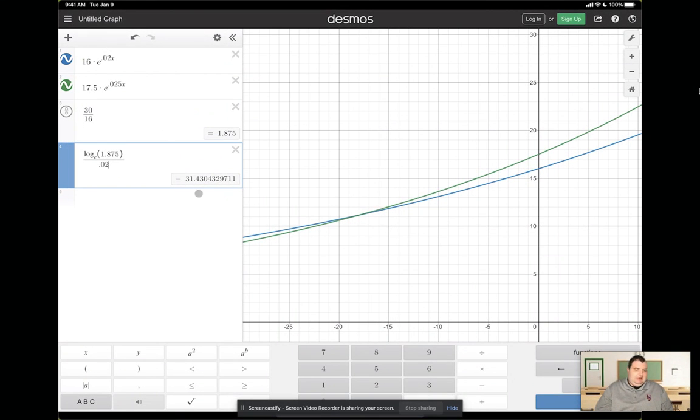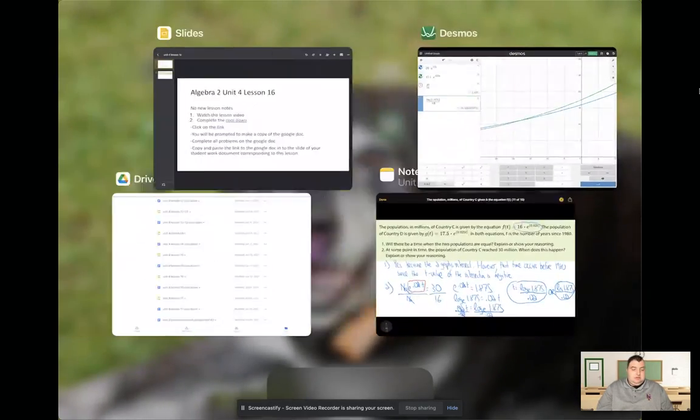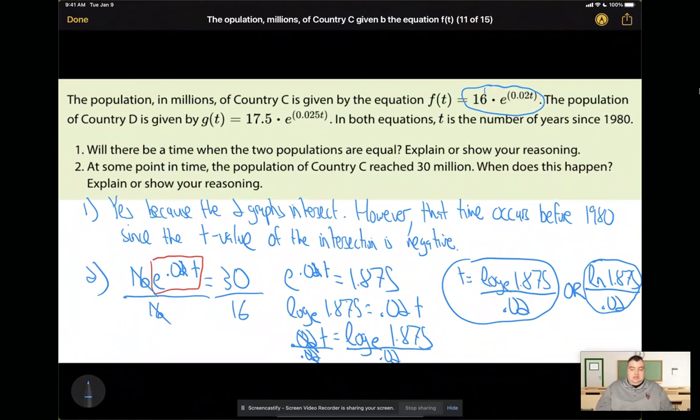So it's a little more, it's almost 31 and a half years after 1980, to give you an idea. Okay. So it happens almost 31 and a half years after 1980. Okay. And that is it for the examples for lesson 16.